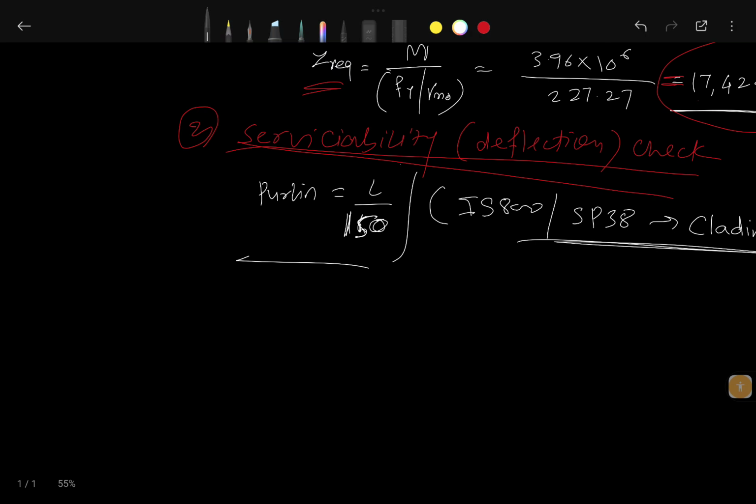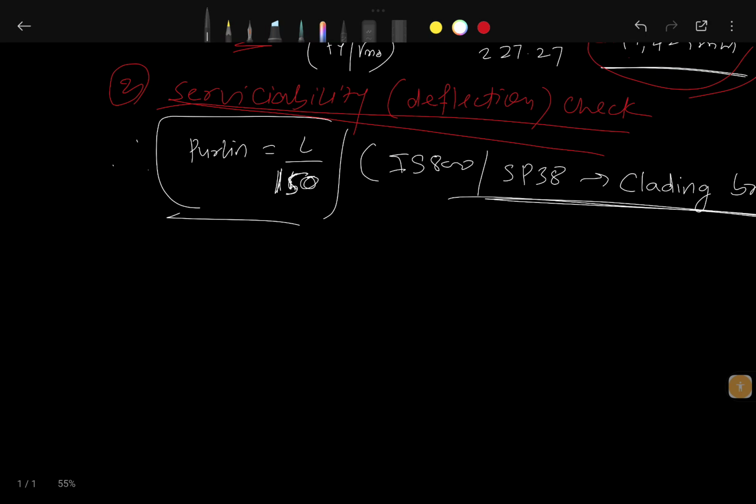This is the deflection limit we have generally considered. Our length is 4,000, and length divided by 150 gives 26.67 mm. This is the limit for our purlin.